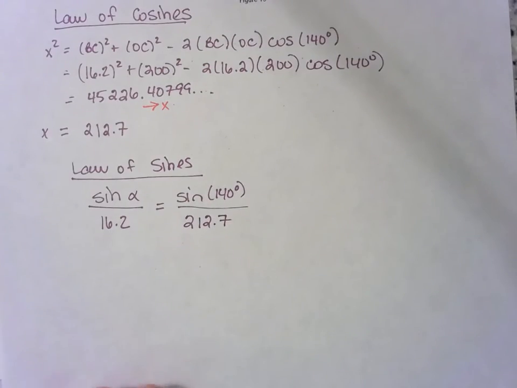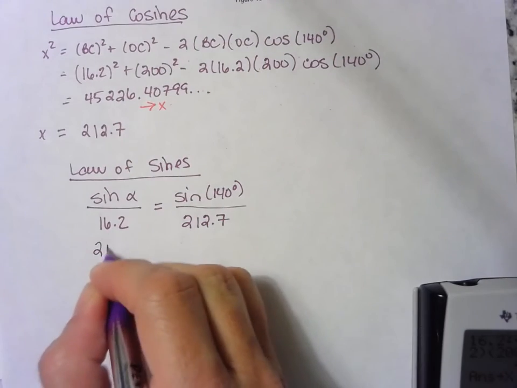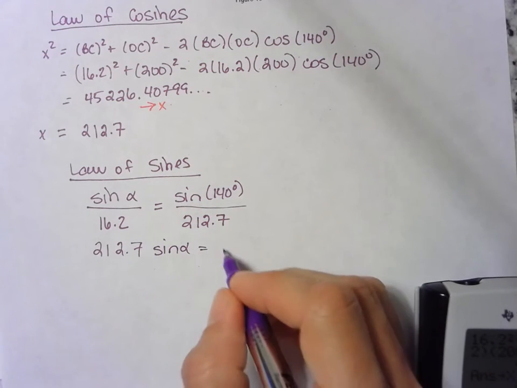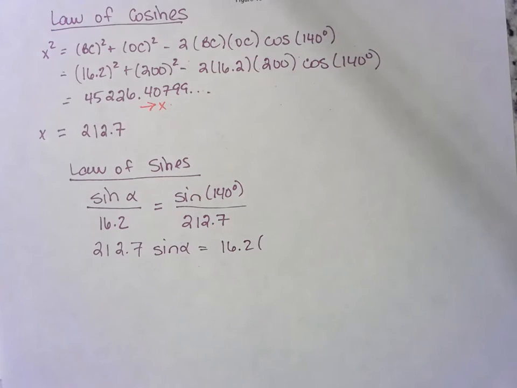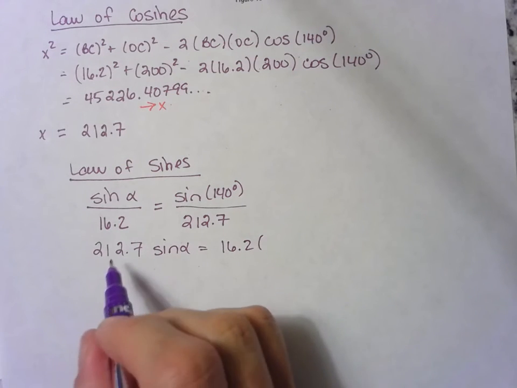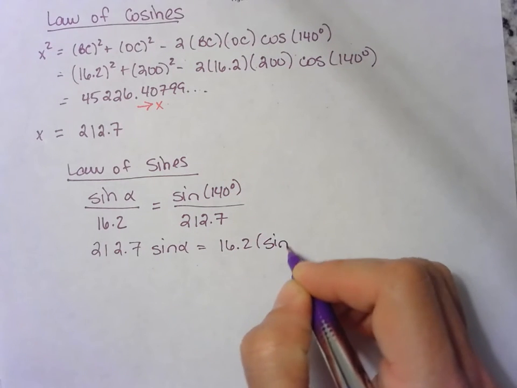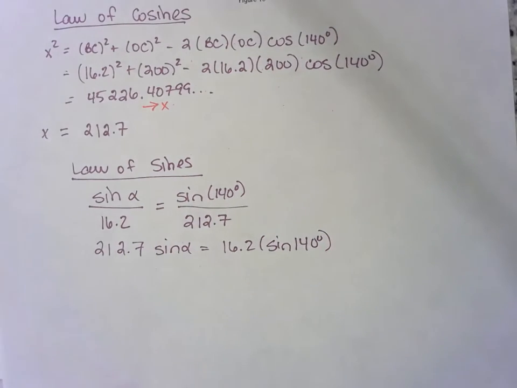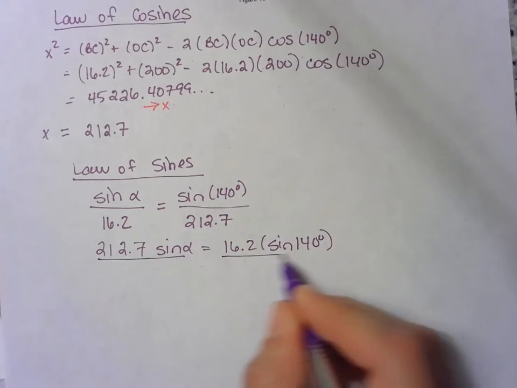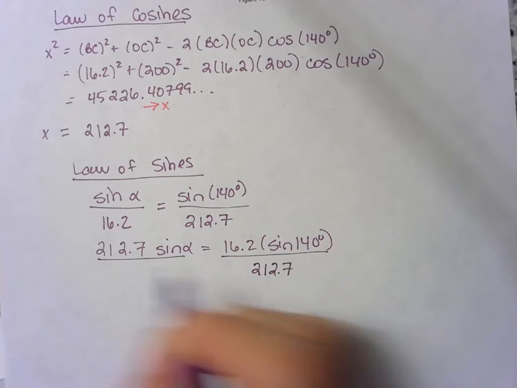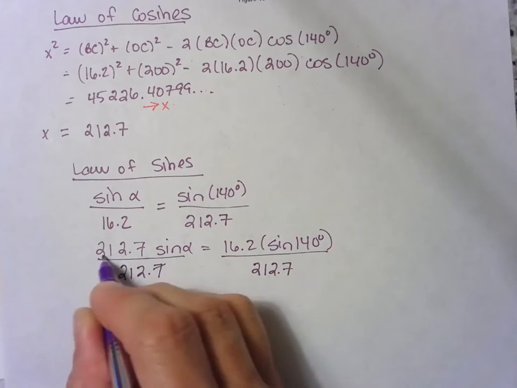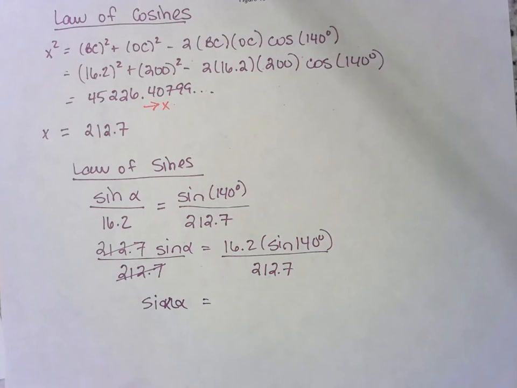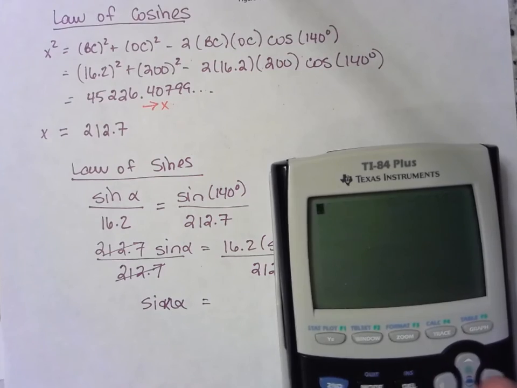Okay, let's solve. If we cross multiply, 212.7 sine alpha is equal to 16.2 times the sine of 140 degrees. Sorry about that. Multiply these two, multiply these two. Divide both sides by the 212.7 to find out that sine of alpha is equal to something.